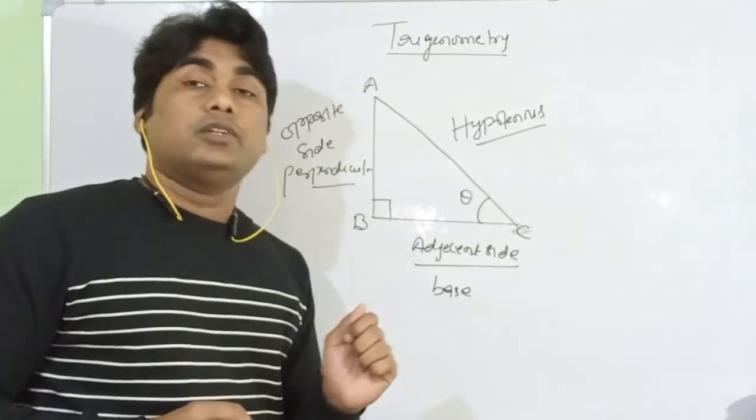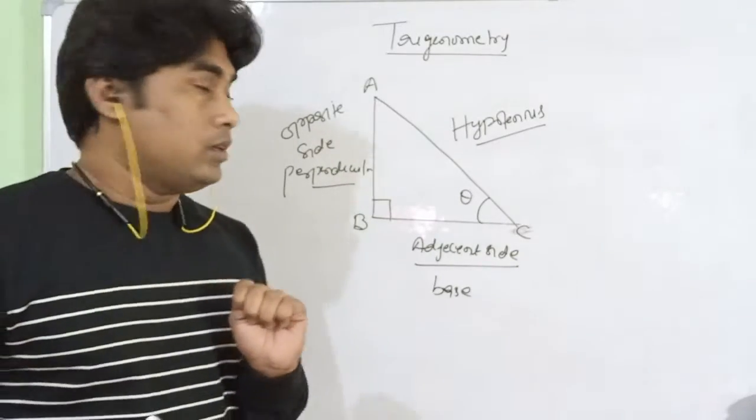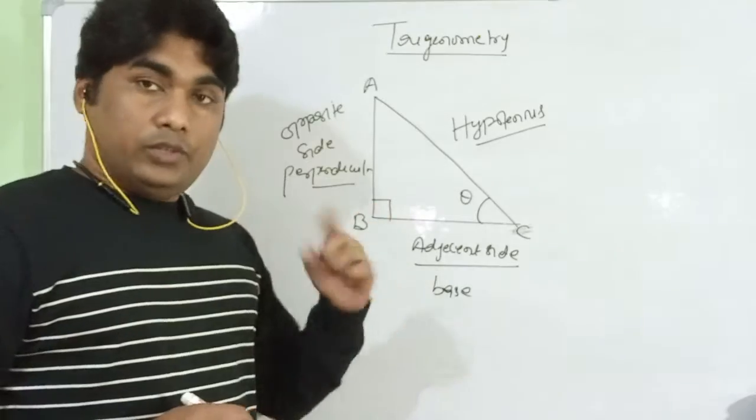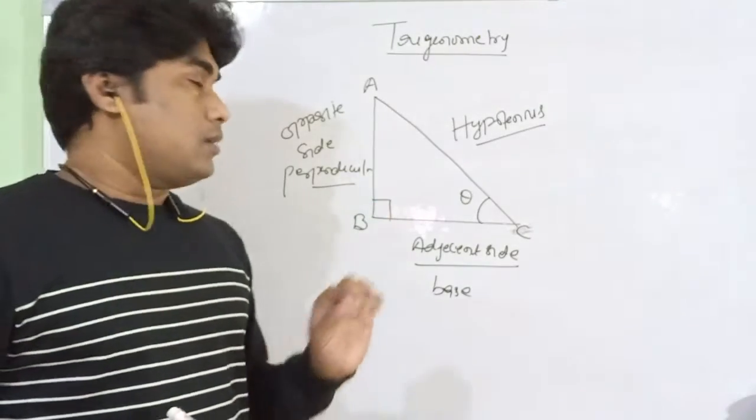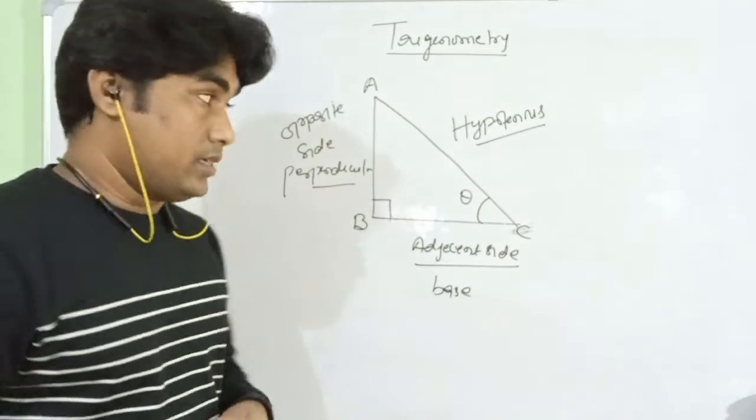then we introduce trigonometry, and we have 6 trigonometrical ratios which are used for establishing the relationship between sides of a right angle triangle and angle of a right angle triangle.